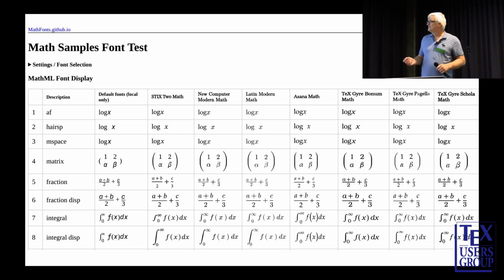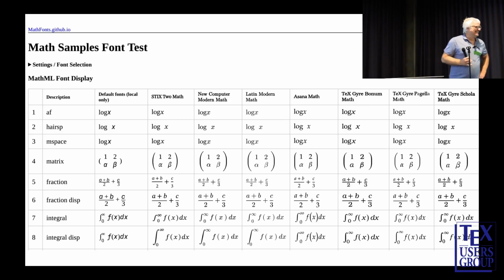This one here? No. Hair space and M space. Ask the LaTeX team. They generate the tables. It's a screenshot from their website, not mine. Sure. David would never. I cannot answer, sorry.